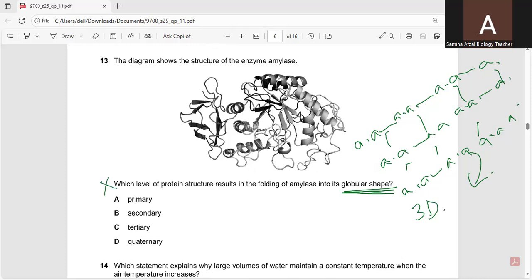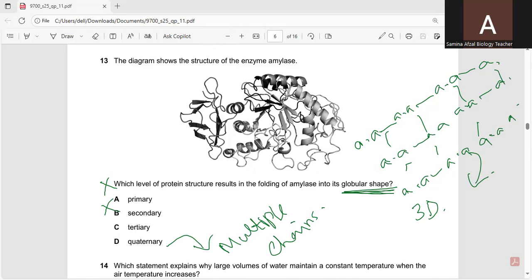So A, this is not B, and this is not quaternary, because in quaternary structure there should be multiple chains, multiple polypeptide chains.